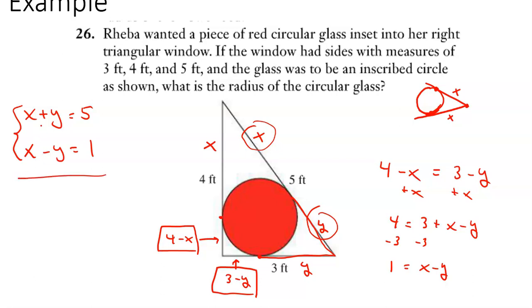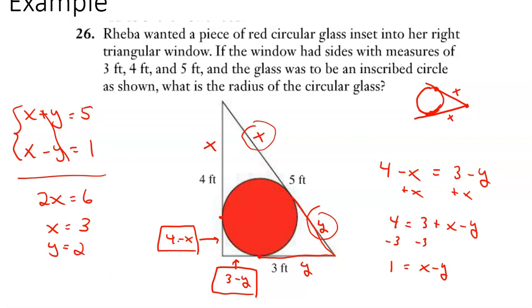And it solves itself fast, right? The y's go away, and I'm left with 2x is equal to 6, or x is equal to 3. Okay? If x is equal to 3, then I can go back and I can find y. Right? If x is equal to 3, then y must be equal to 2.